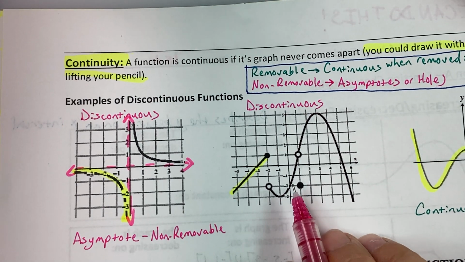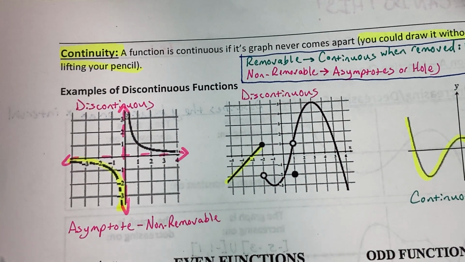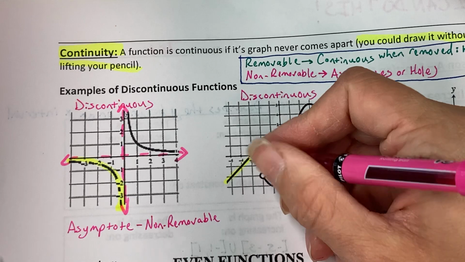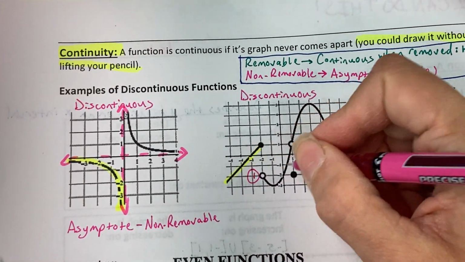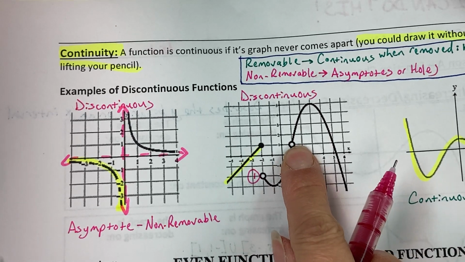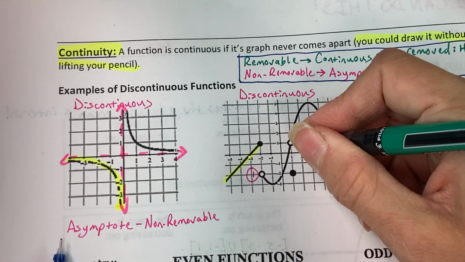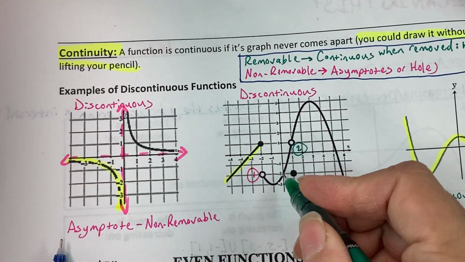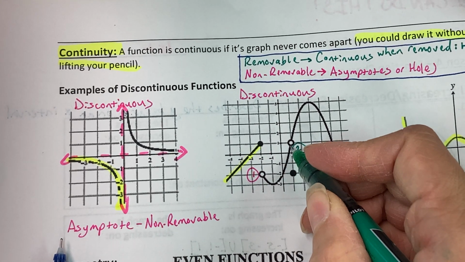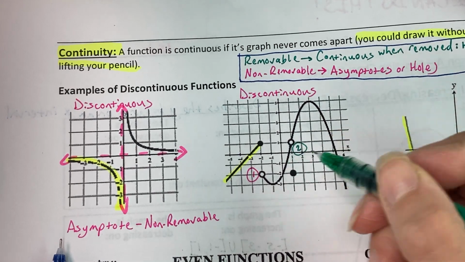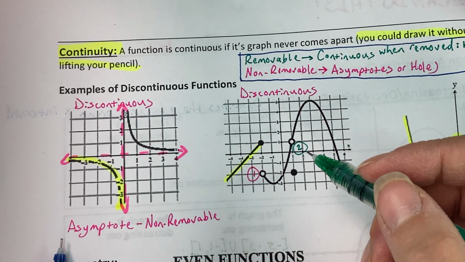Now, on this function, if I look at my discontinuities, I have this first hole, and I also have this second hole. So when I would get to this second hole, I actually jump down to be this closed dot, so I can't skip over that open dot without lifting my pencil.